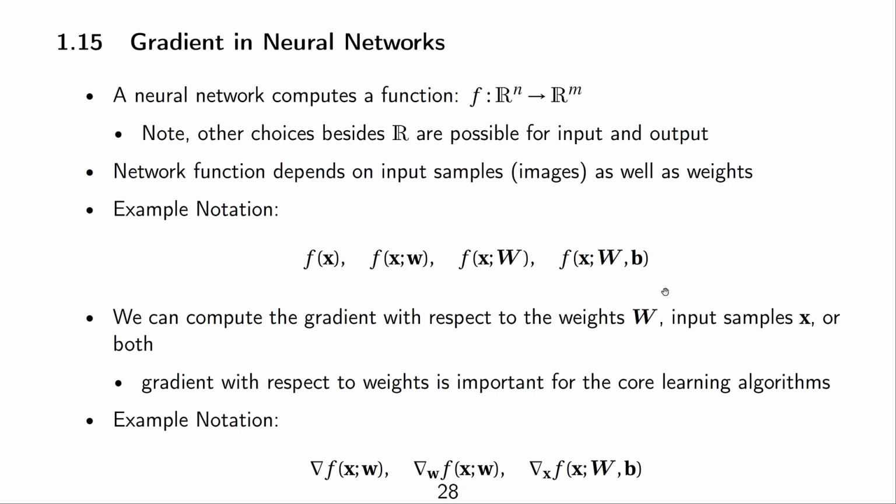We can compute derivatives with respect to the network weights, and we can compute derivatives with respect to the input samples, or both. I could ask, what is the sensitivity of the loss function with respect to the network parameters? But I could also ask, what is the sensitivity of the loss function with respect to the input samples?